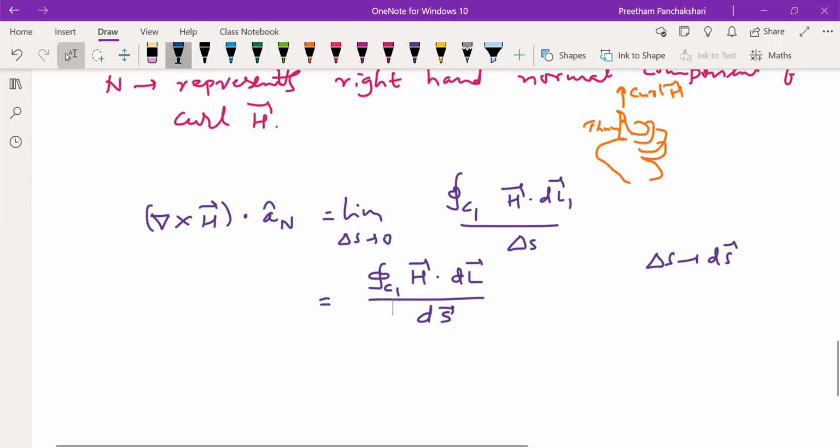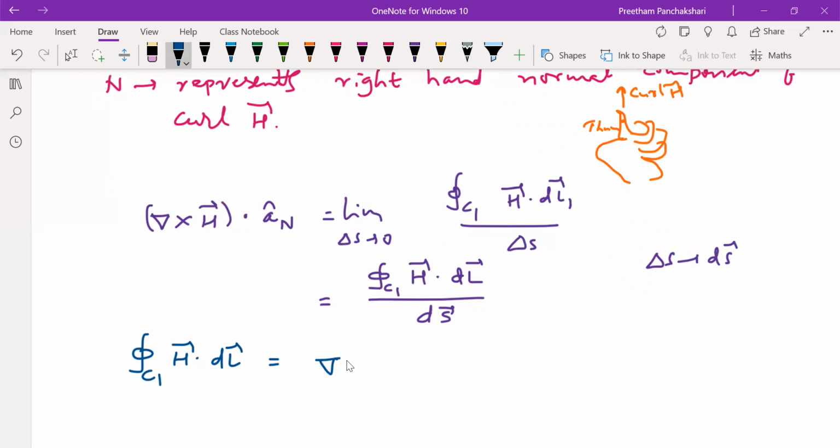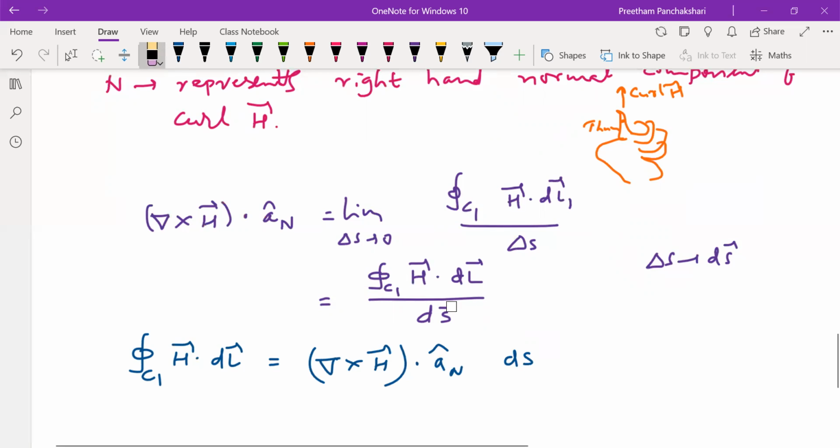Now, taking this line integral to the left side, we get curl H dot a cap n into dS. In this case, this dS is not a vector. We know that it is simply the area. It's not a vector, it's area.